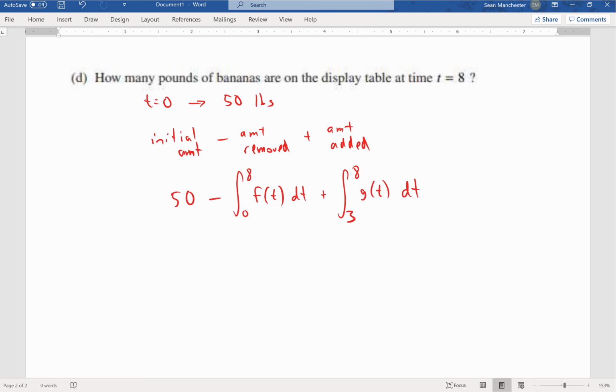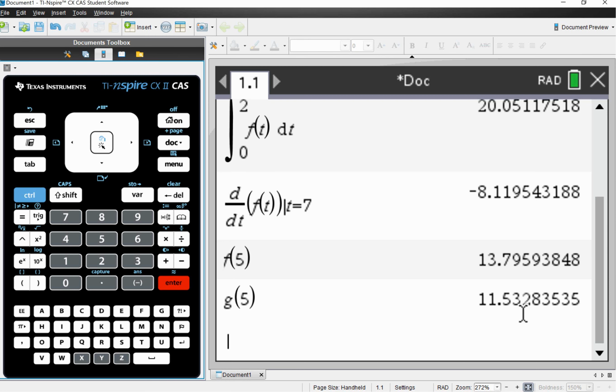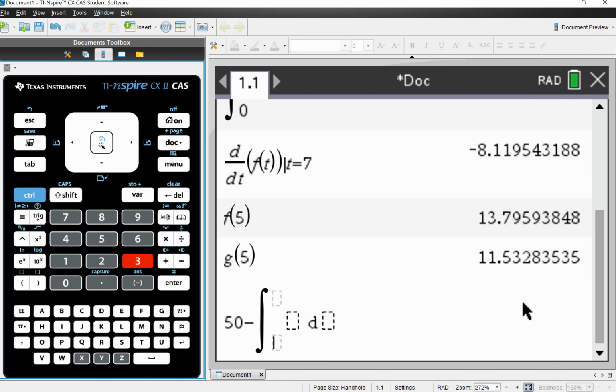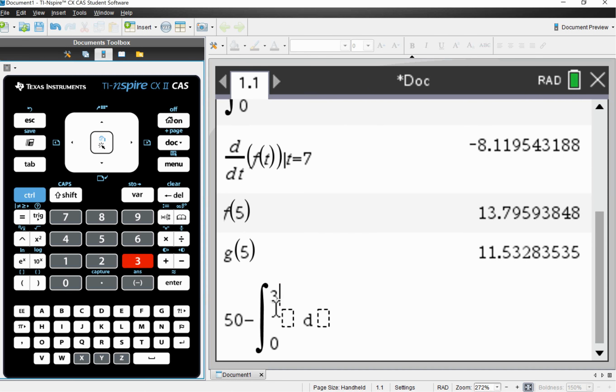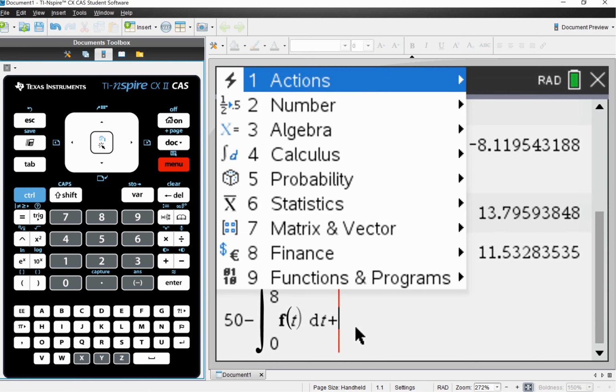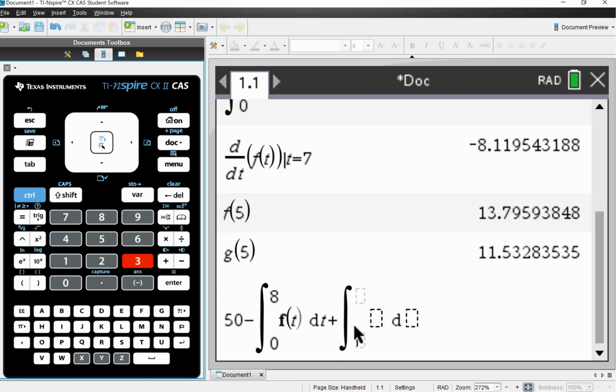Okay, so then we can just type this into the calculator and we'll be able to find our amount of bananas on the shelf. So we started with 50. We subtracted the amount that were taken off the shelf. That's modeled by the integral from 0 to 8 of f of t. Then we want to add the amount that was put back on the shelf, which is modeled by the integral from 3 to 8.